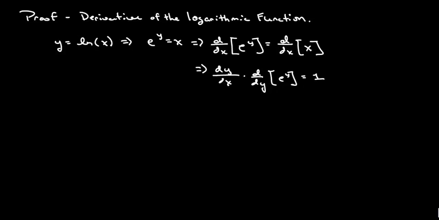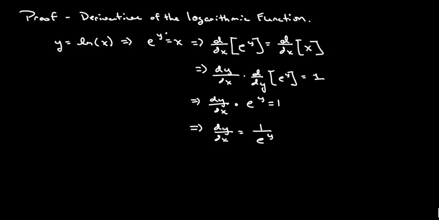So now I need dy dx. Well, that's the guy that I'm actually looking for. Okay, that's the guy that we're trying to find. So let's solve that guy by itself. So this is dy dx times, now d dy of e to the y is just still e to the y. And so this becomes dy dx is equal to 1 over e to the y.